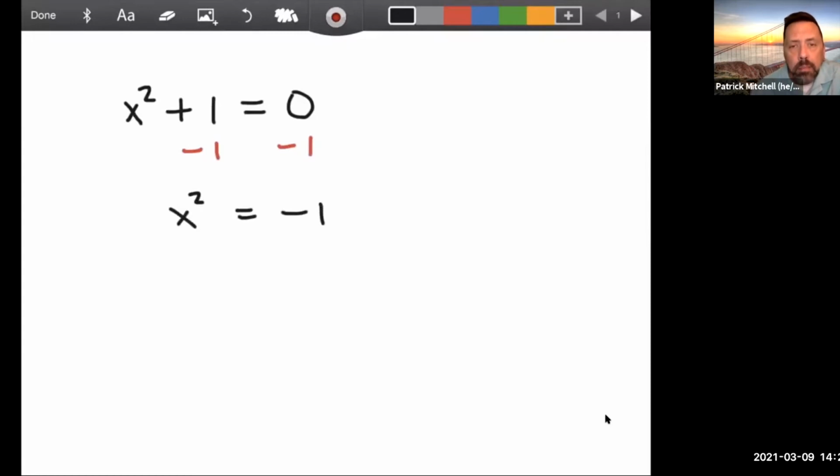Now, if that number -1 was some positive number, especially a nice positive number like 4 or 9 or 16, then x would just be the square root of that number, right? Like if x squared was 9, say, then one possible solution for x at least is the square root of 9.